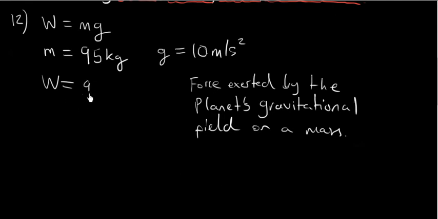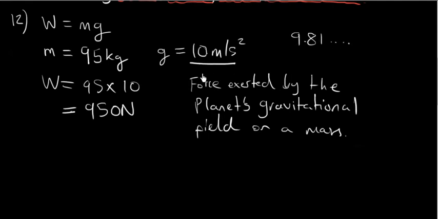So that would be 95 times 10, and that would be roughly 950 newtons, right? I say roughly because this is not really 10. Gravity is closer to 9.81, but in GCSE we're going to be using 10, which just makes things a little bit easier. And so that would be the weight, the force acted on me by the Earth.